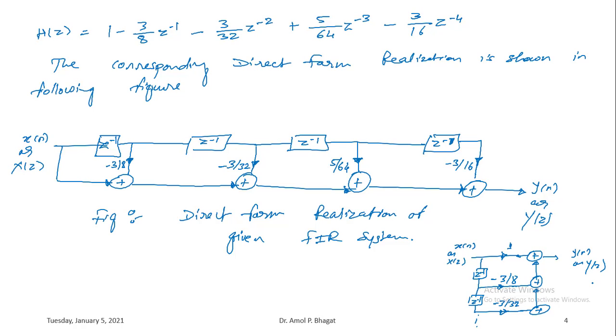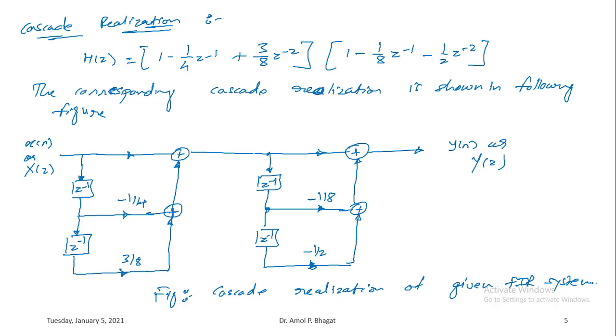An IIR system is recursive, so it has numerator and denominator in the transfer function, therefore there are two direct form realizations, direct form 1 and direct form 2. But in case of an FIR system, there is only a numerator term, so there is only one direct form realization structure.